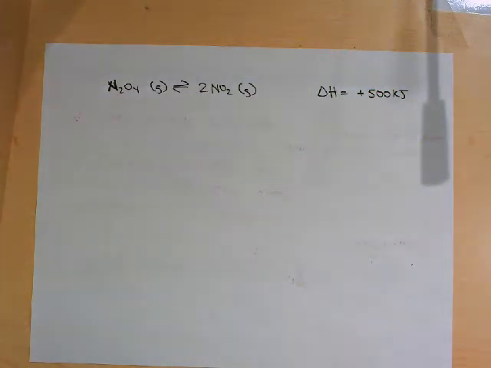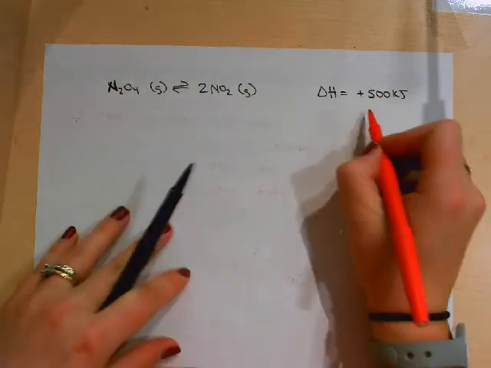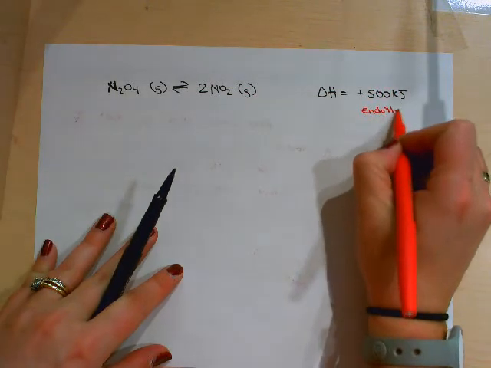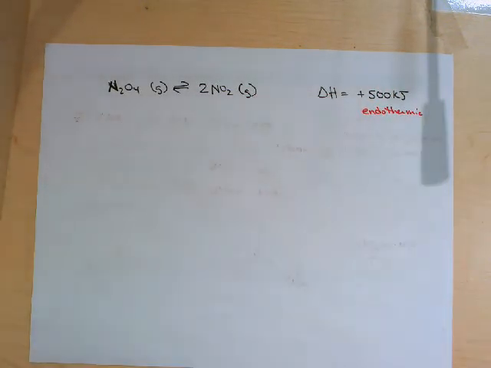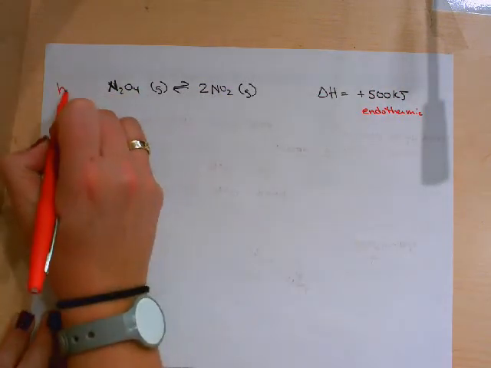Alright, so let's say I now have an endothermic reaction, right? If it's an endothermic reaction, is heat a product or a reactant? It's now a reactant, right? So you can think about it as this.